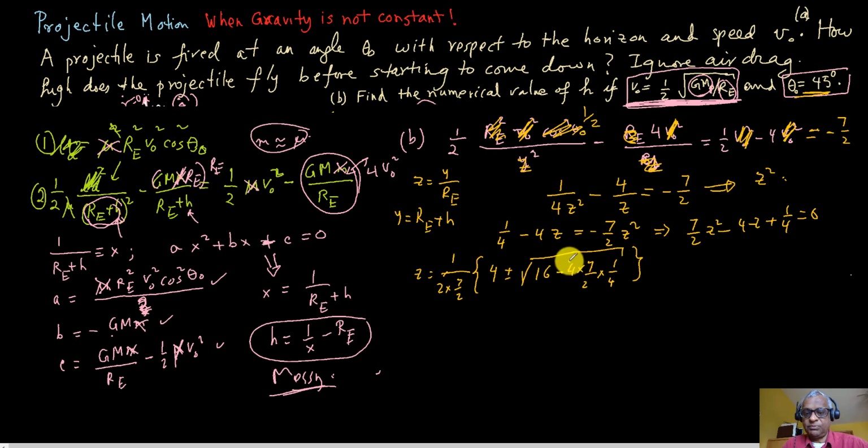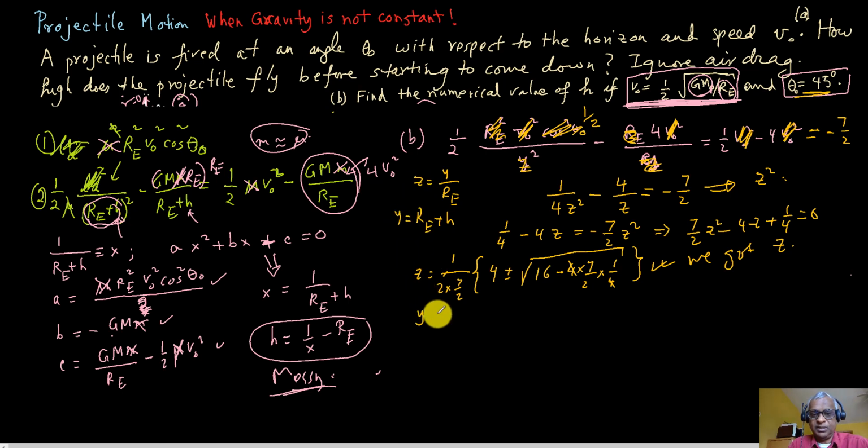Okay, so this 4 cancels this 4, and so this is nasty. So we got z, and you'll have to choose between the two values and then convert that into y from the z.